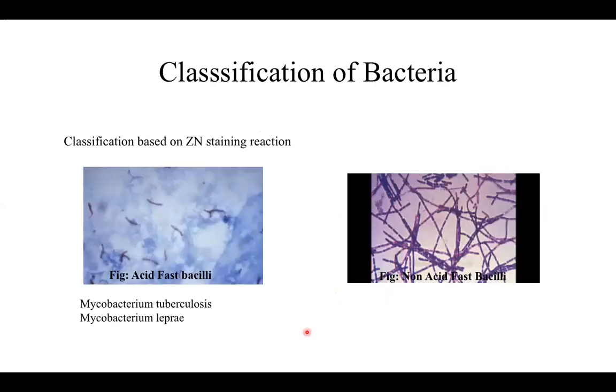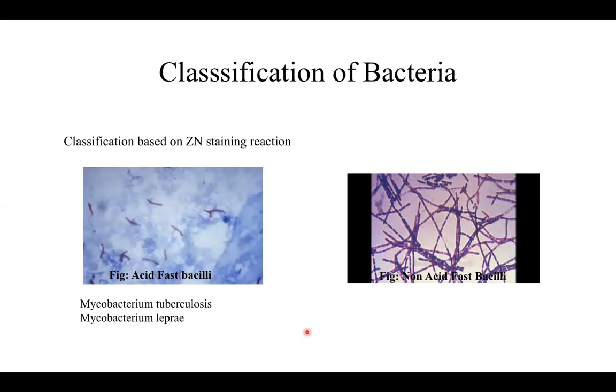Another important method of classification of bacteria is based on the Ziehl-Neelsen staining technique or the acid-fast staining technique. Based on this staining technique, bacteria can be broadly classified into two major groups: acid-fast bacteria and non-acid-fast bacteria.